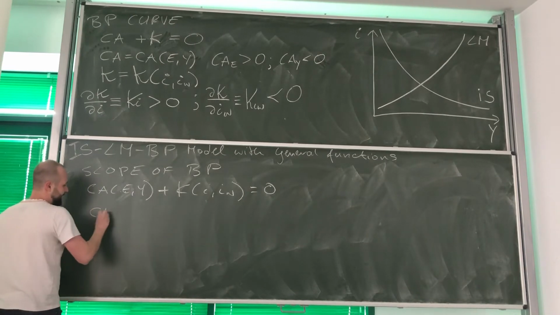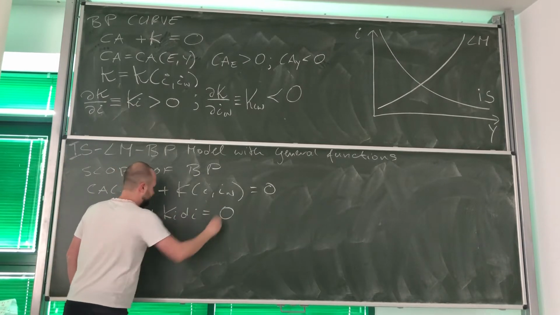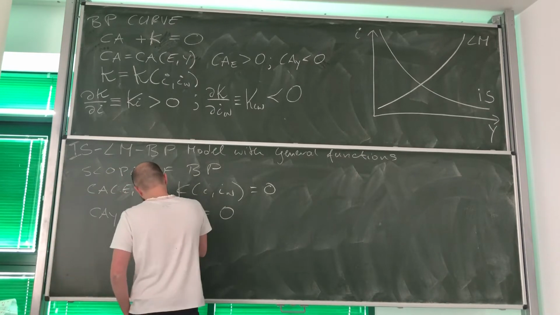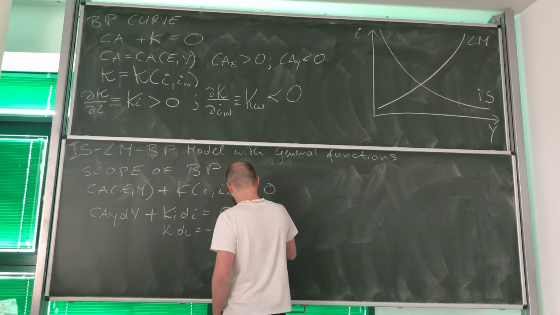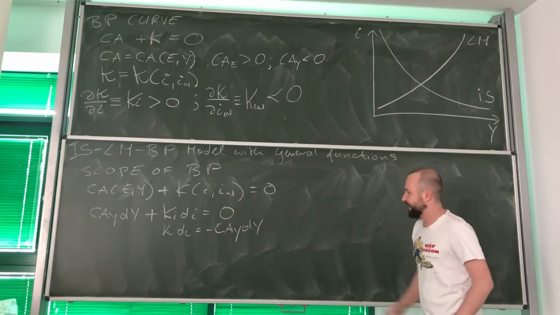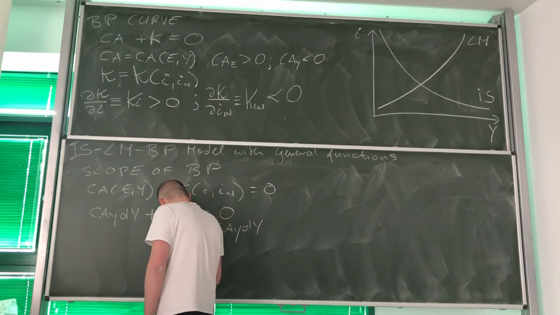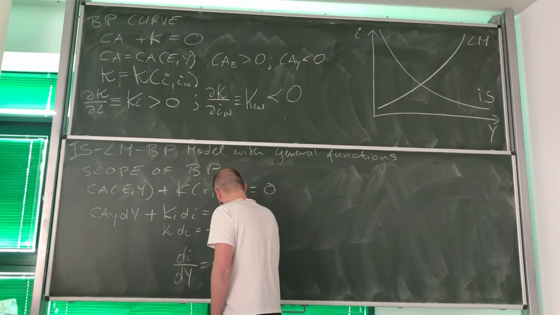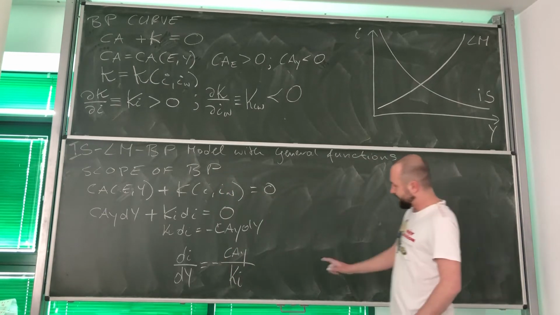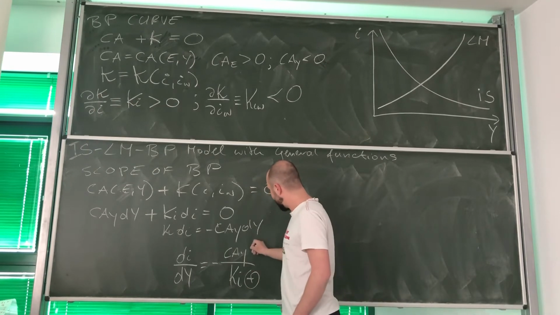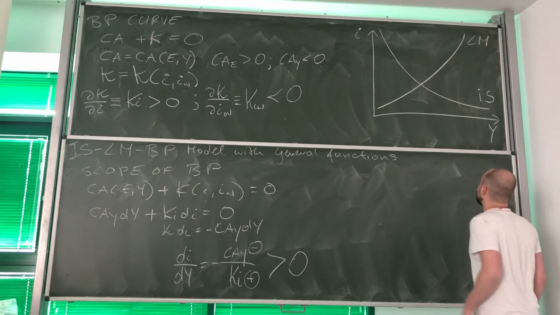So we get that this is CAy dy plus Ki di equals 0. Again, we move this to the other hand side. We divide both sides by dy and Ki, and we get the slope of BP to be negative CAy over Ki. Now, Ki is positive, CAy is negative. We've got minus up front, so this expression must be positive.